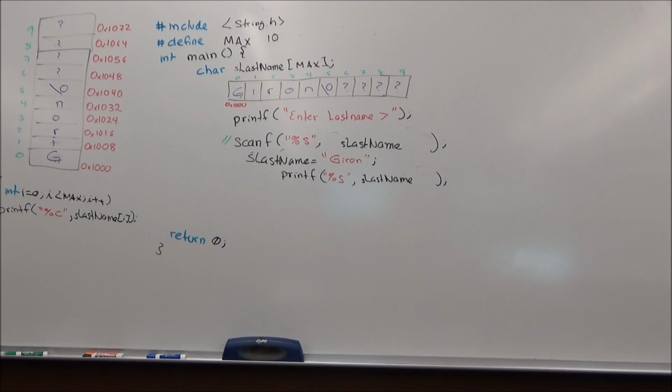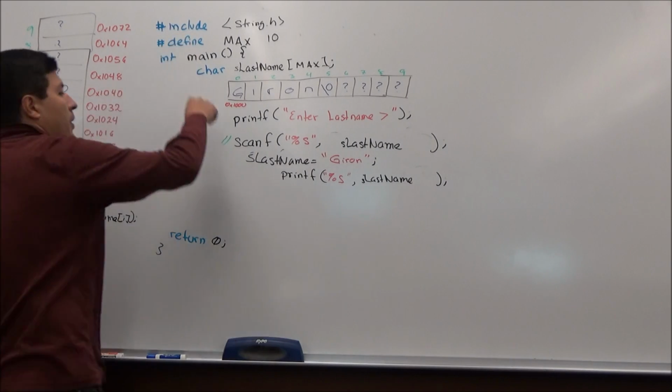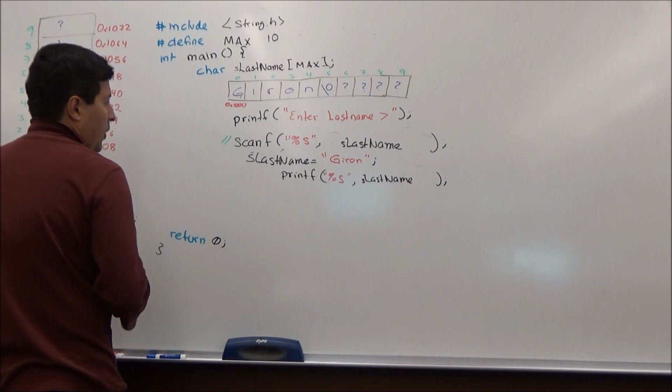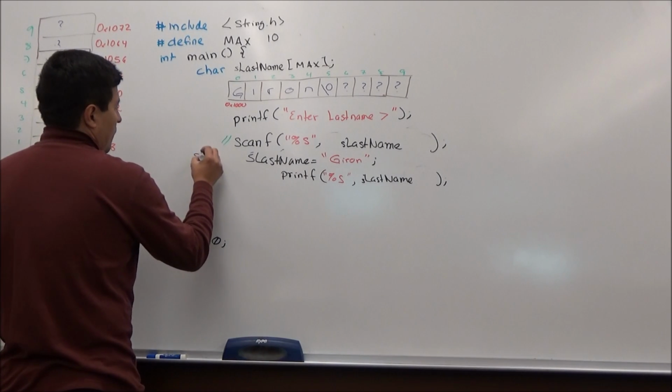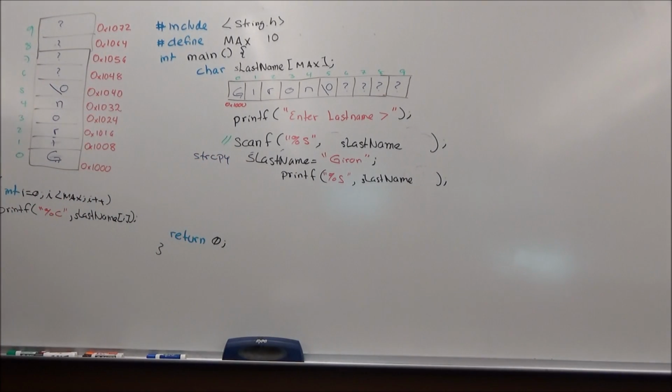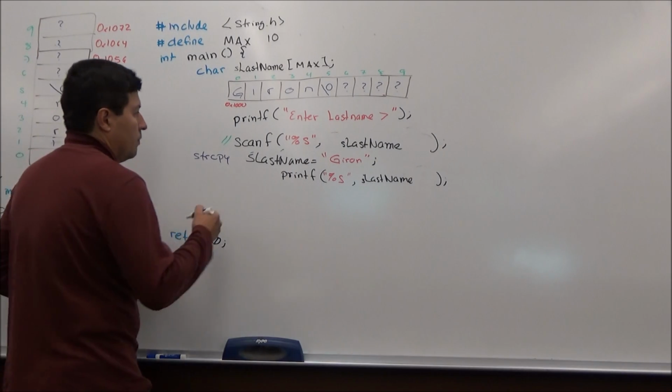Other programs have a class called string, but you don't have that luxury here in C. So this library has this method called string copy, strcpy, and it takes two parameters.